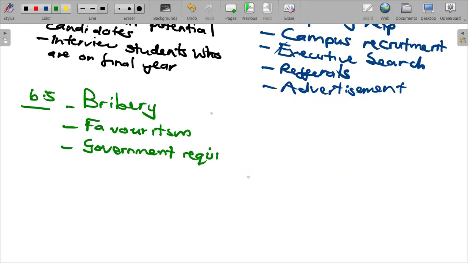Government requirements and regulations.